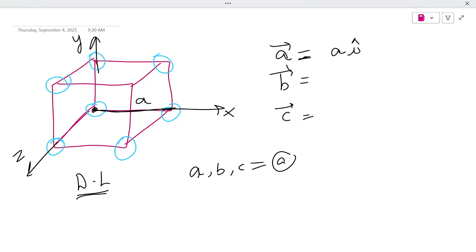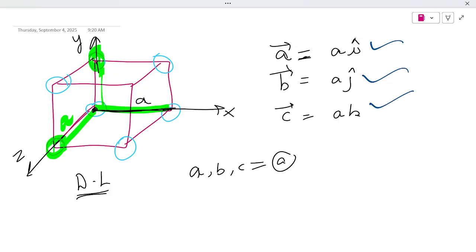Similarly, B vector will come out to be A j cap, and C vector will come out to be A k cap. How? This is along the x-axis, then we have taken this point along the z-axis, and the same distance A we have to move, and this is along the y-axis. So I have written the expressions for A, B and C.